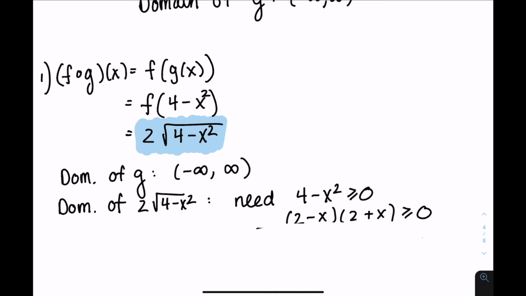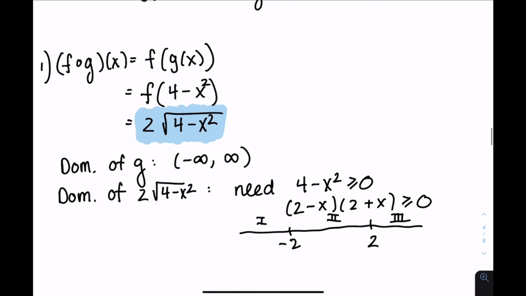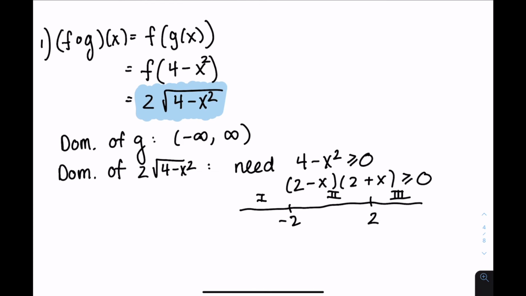So I've got to pull back that interval testing again. I've got two important numbers, 2 and negative 2. We split our number line based on those, and then we test each interval to see if it works. If we start with something in interval 1, negative 3 falls in there. If we plug that into the expression, we get 4 minus negative 3 squared, and we want that to be greater than or equal to 0.